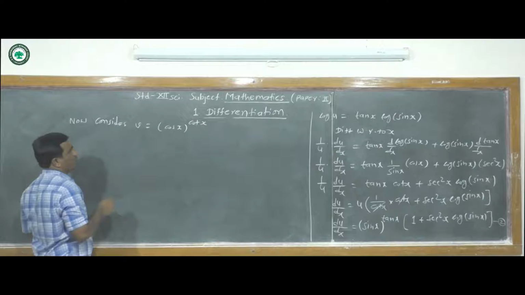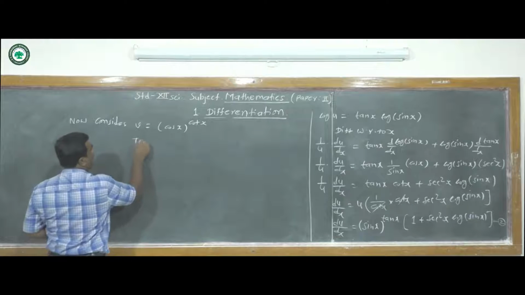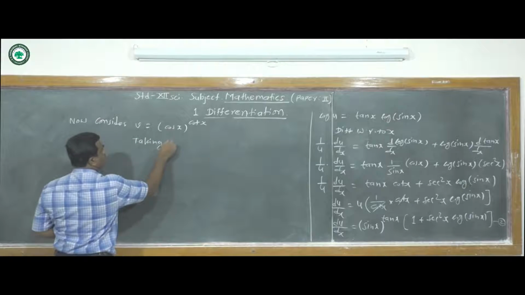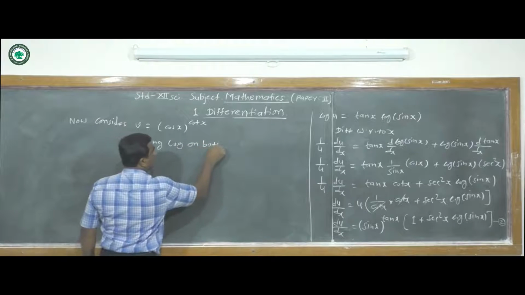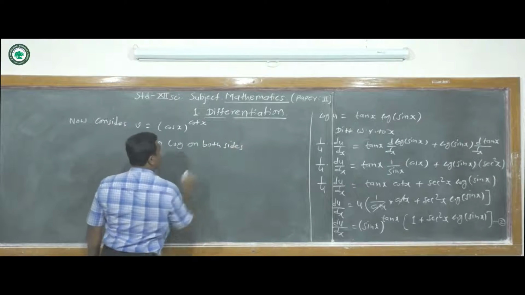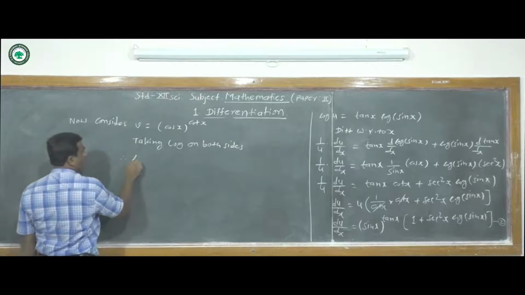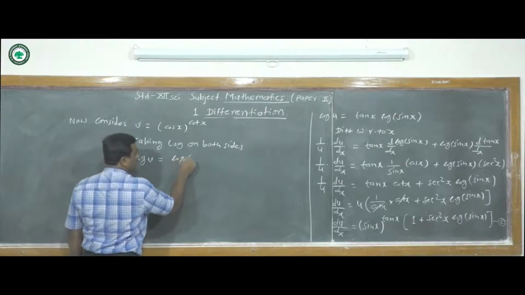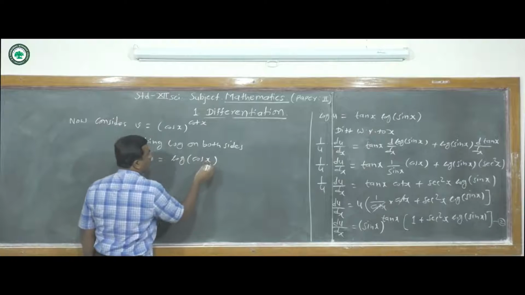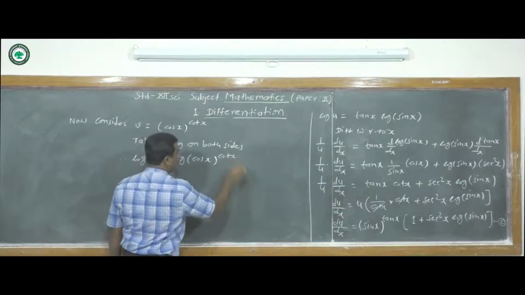Therefore we can take log on both sides. Taking log on both sides, we can write log v equals log of cos x raised to cot x.